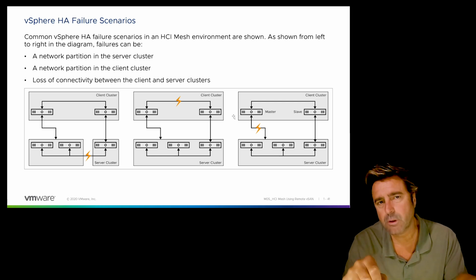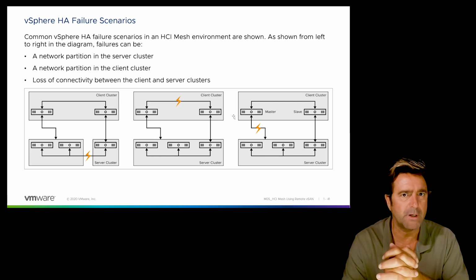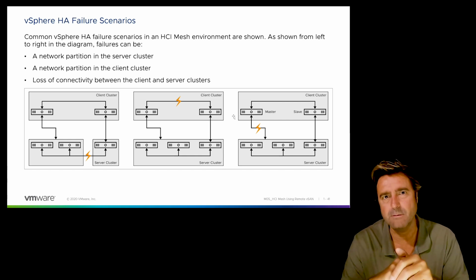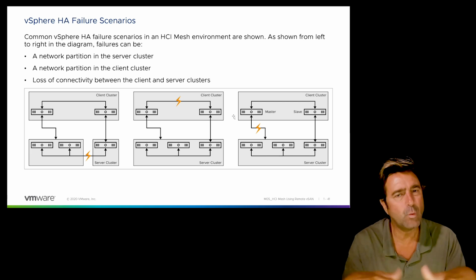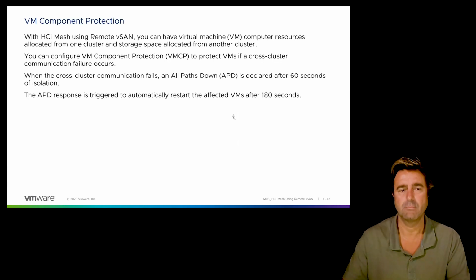I want to talk about number 3 in particular. Imagine out of the blue, your VM is running on, let's say, cluster number 1. And for whatever reason, cluster number 1 no longer sees the data store belonging to cluster number 2. What do we do about that? What do we expect? And that's what they mention on the next page.